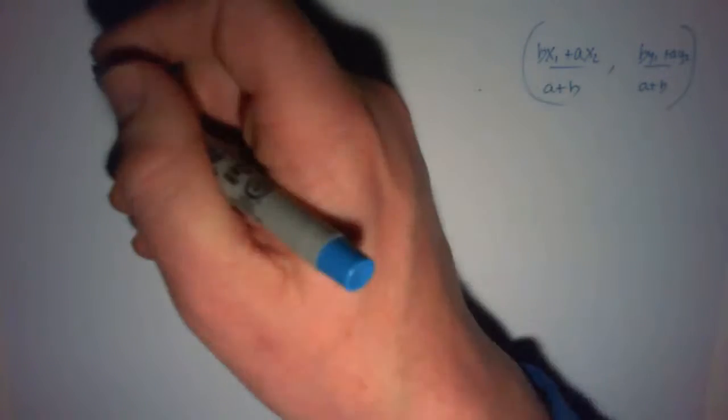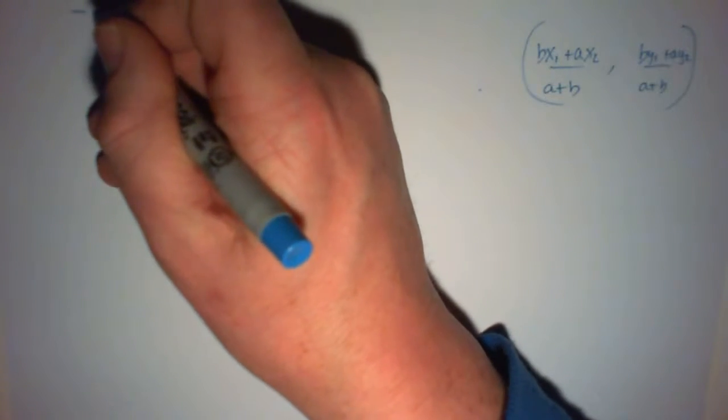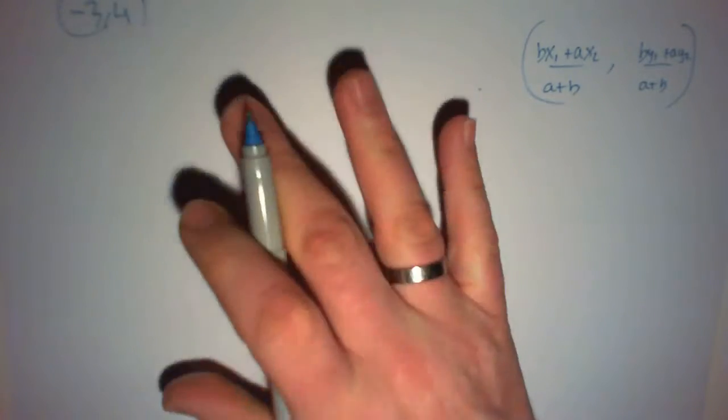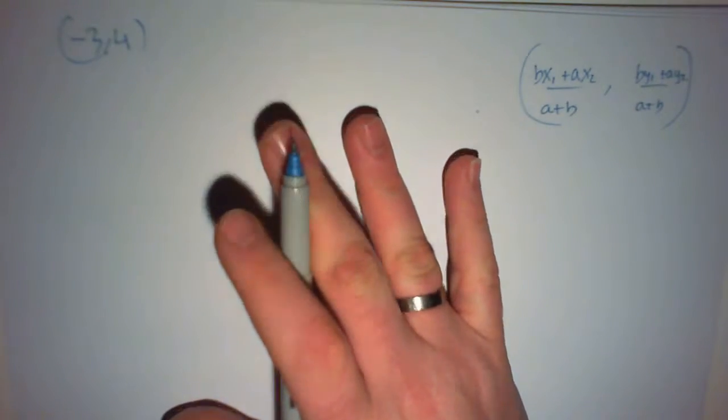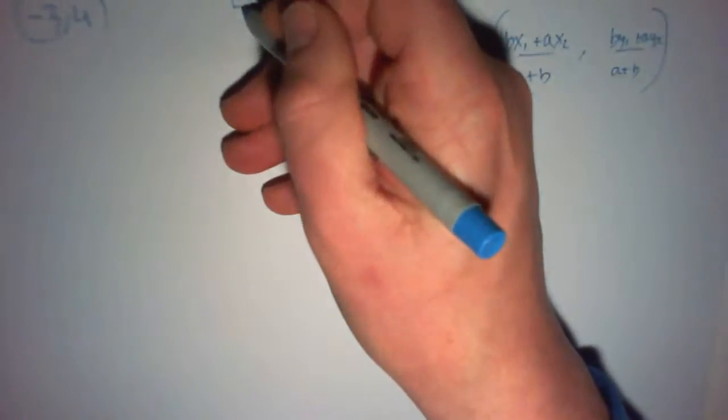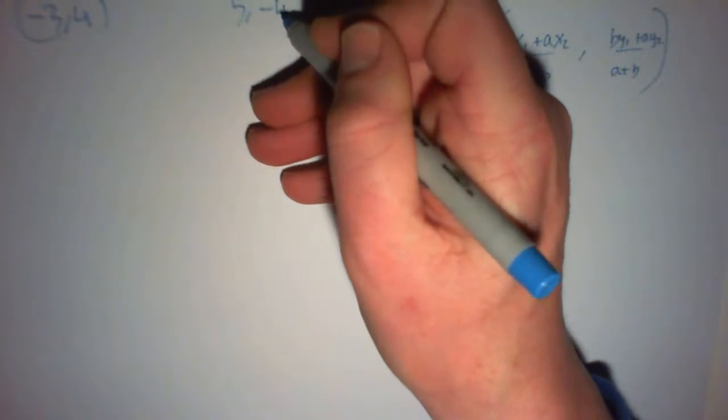When we're doing the next question, again, I've left my log tables in work, so I can't for the life of me remember, but let's pick some numbers and give this one a shout. So let's pick 2 points, minus 3 and 4, and here's another one, 5 and minus 4.